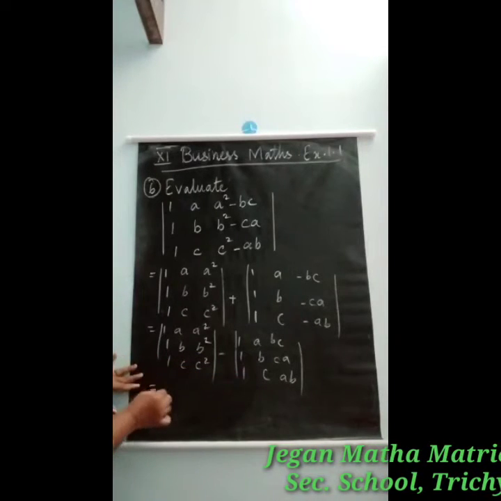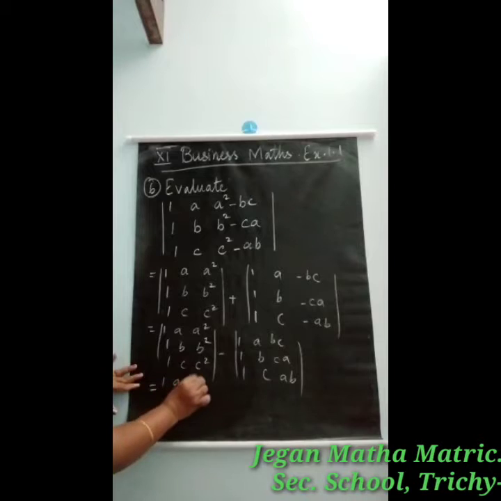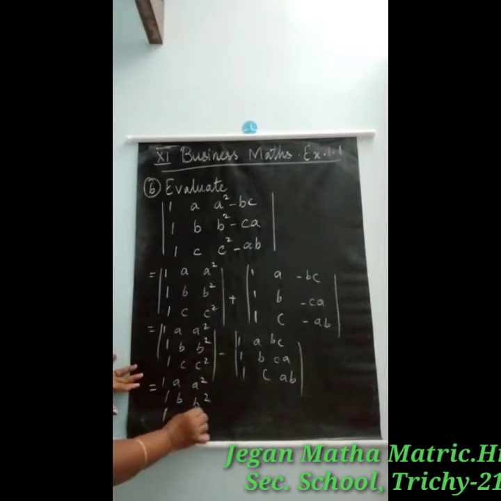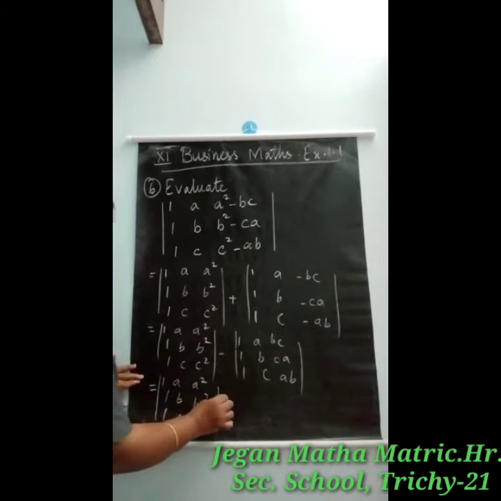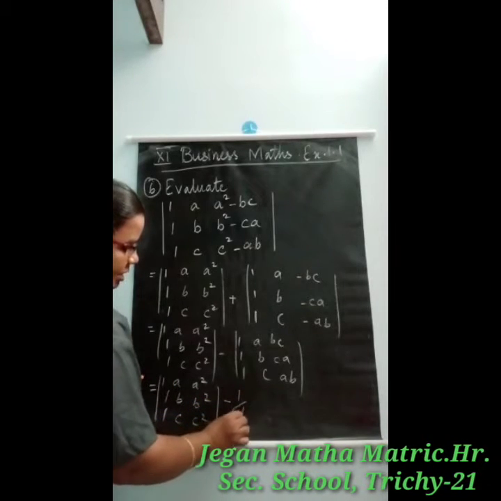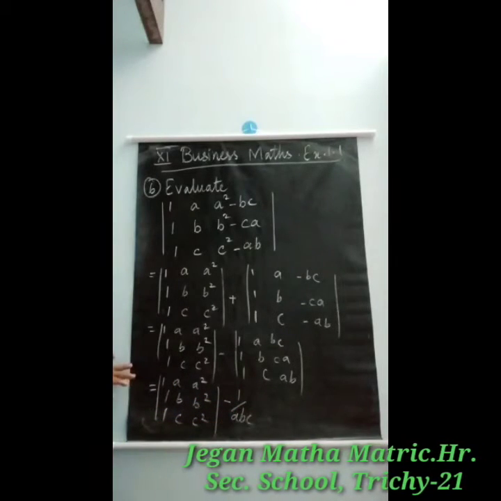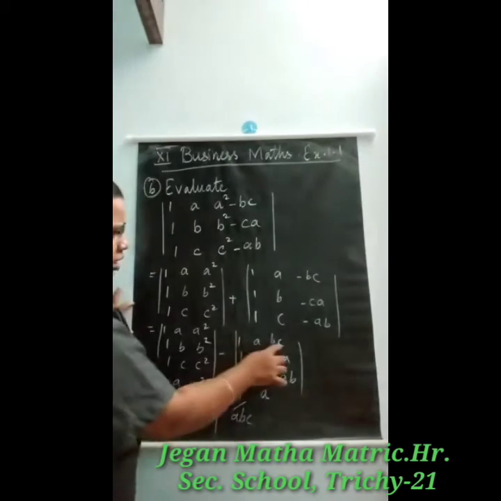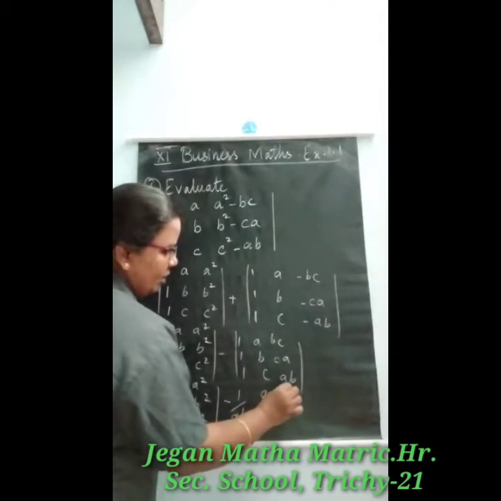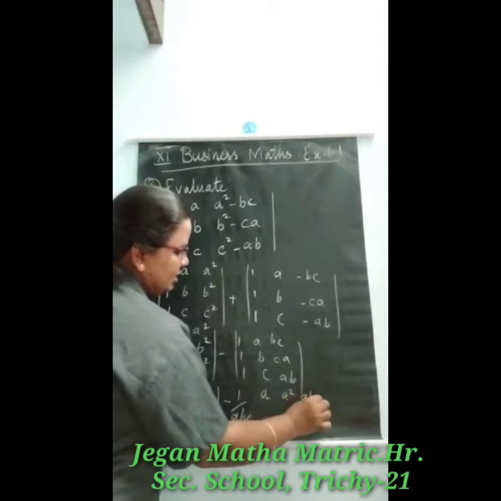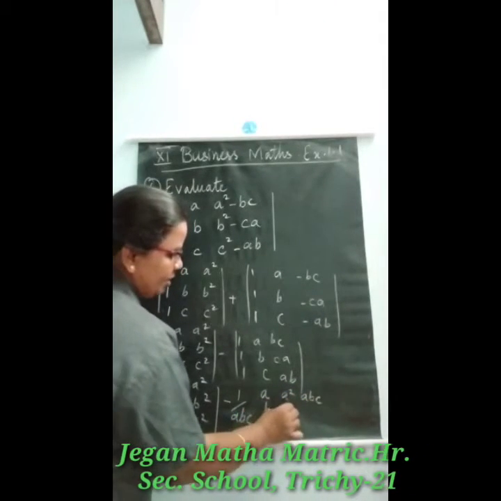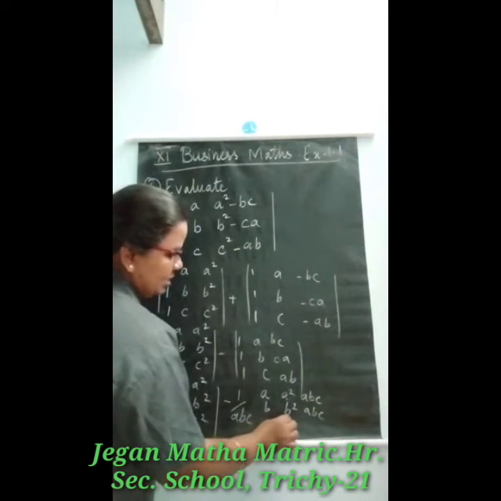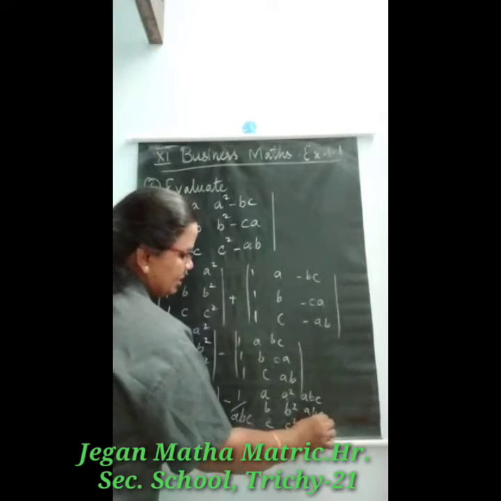So that is equal to the first determinant, minus 1 by abc, you divide by abc and multiply R1 by a. So a, a², abc; b, b², abc; and c, c², abc.